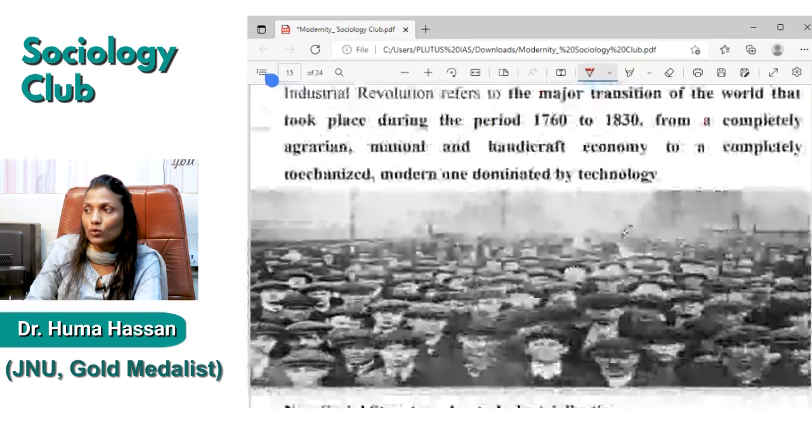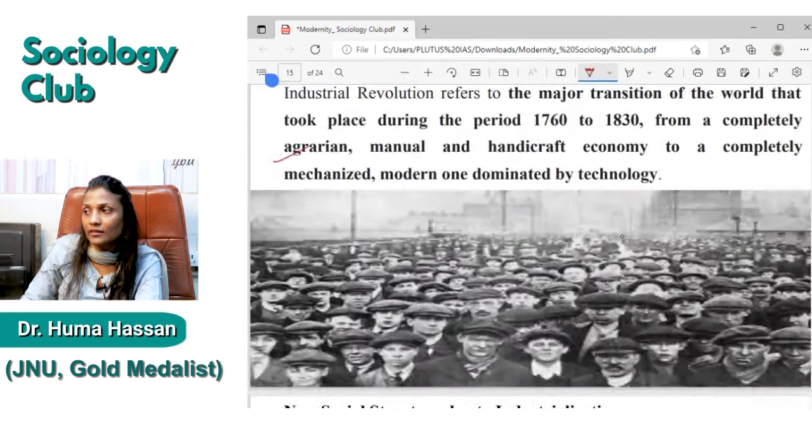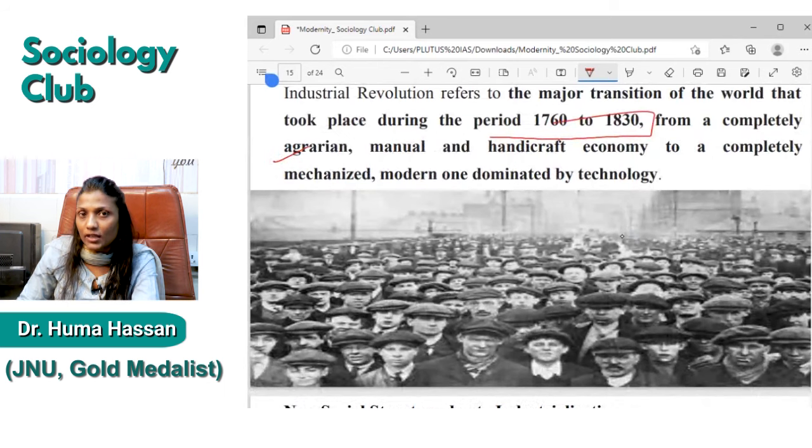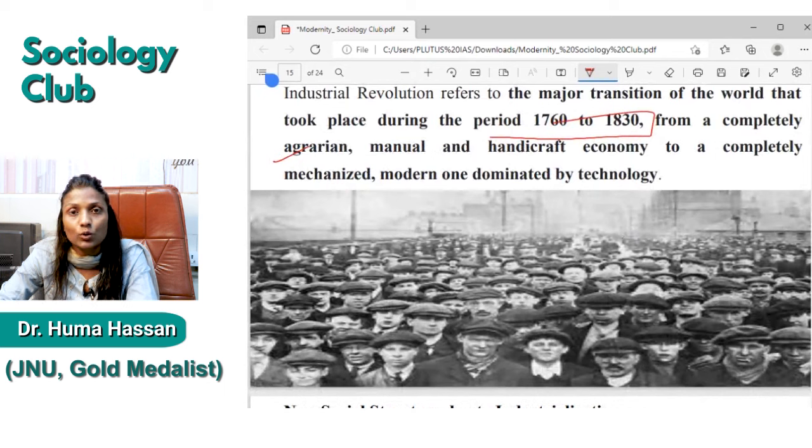Here it is Industrial Revolution, and the period is 1760 to 1830, and I have just told you what had actually changed in Industrial Revolution. It becomes really integral to understand because earlier the changes coming in our society were gradual in nature.